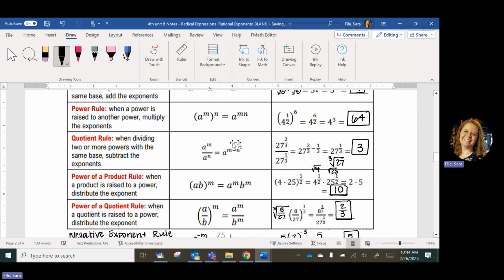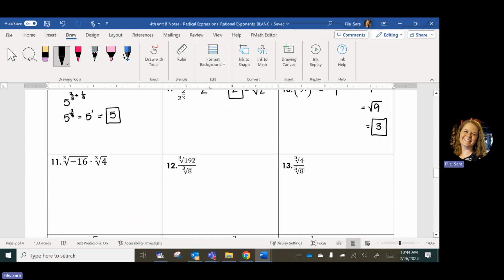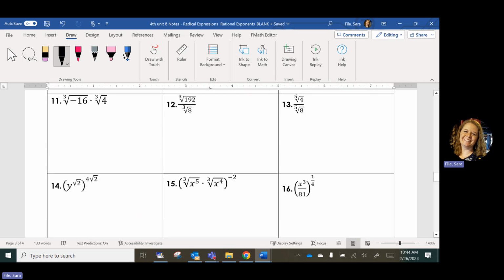I'm just going to scroll up here and show you. The only difference is instead of seeing it written as a power, we're seeing it written as a radical, but the rule still applies.